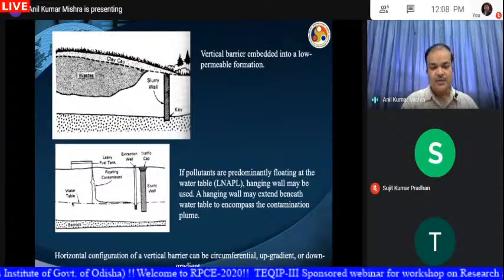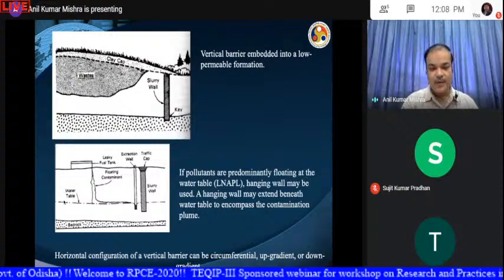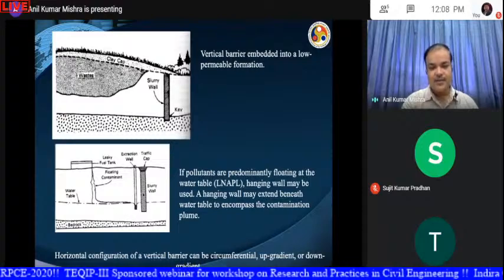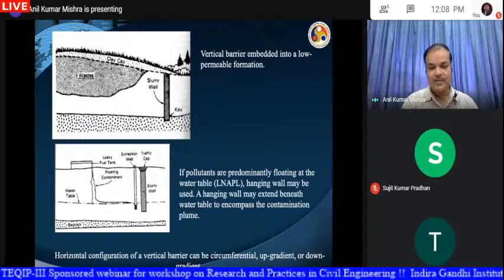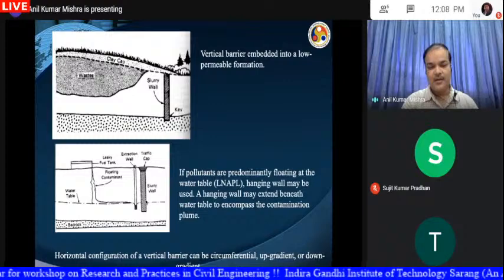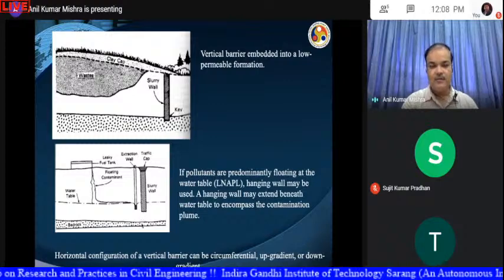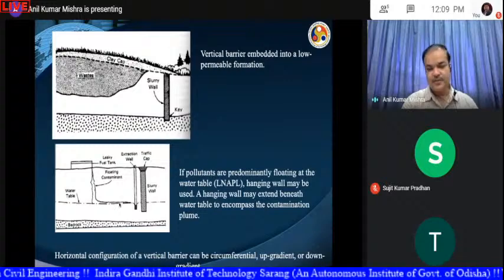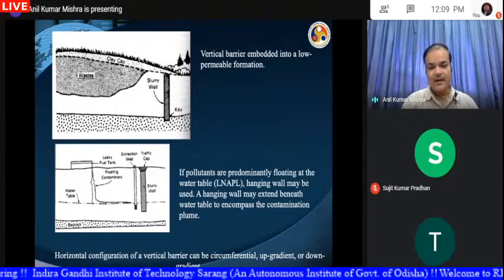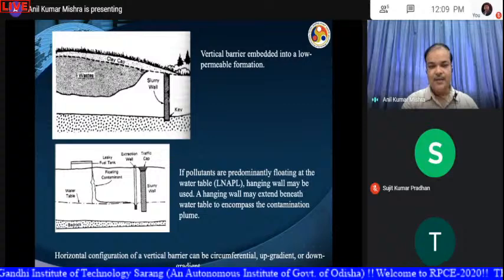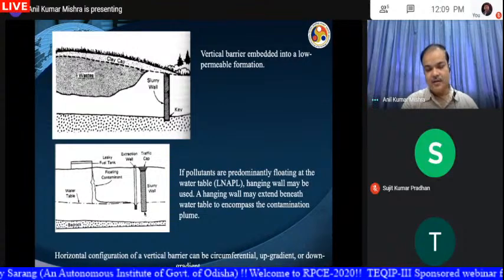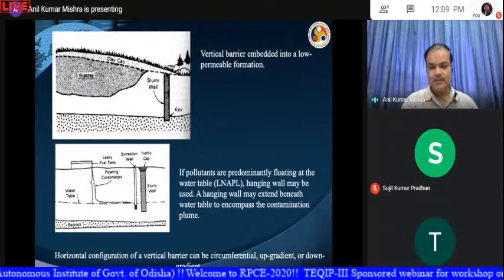In some cases, when the contaminant is floating on the water and is not dissolved, then you can dig this wall up to a certain depth below the water table. You don't need to go to full depth because the contaminant will be present only on the surface. So depending on what kind of contaminants, either it can be dug into the rock strata or it can go up to a certain depth below the water table.